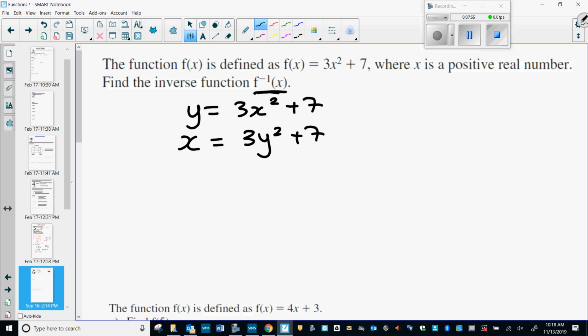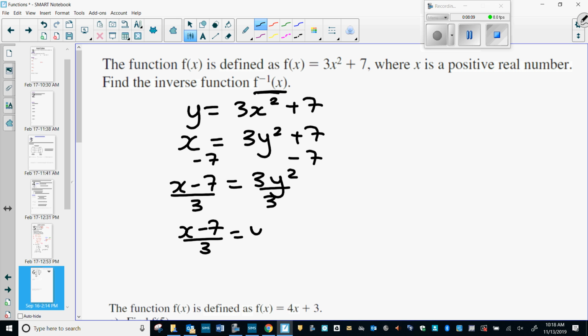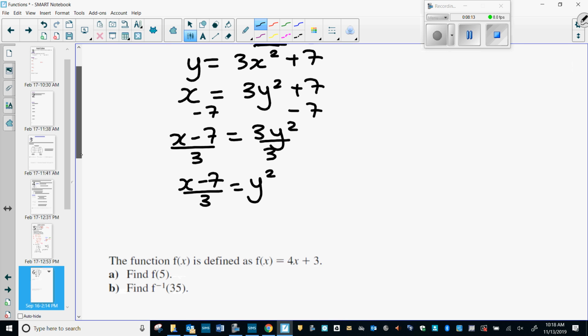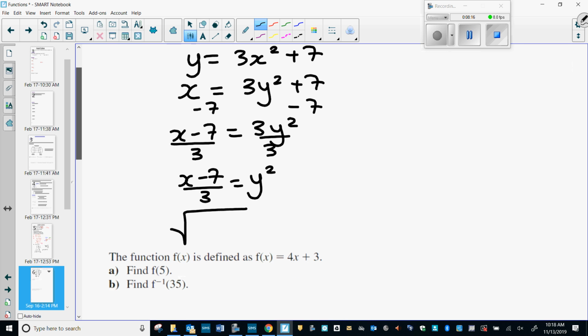So we've got to take away 7 first of all, yes? So x minus 7 equals 3y squared. Then what are we going to do? Divide by 3. So we've got (x minus 7) over 3 equals y squared. Then how do we undo the squaring? Square root. So we've got the square root of (x minus 7) over 3.